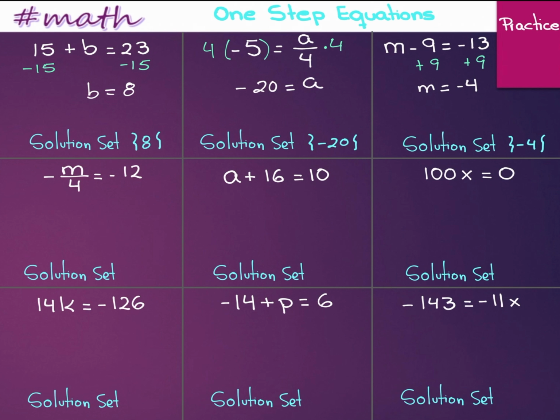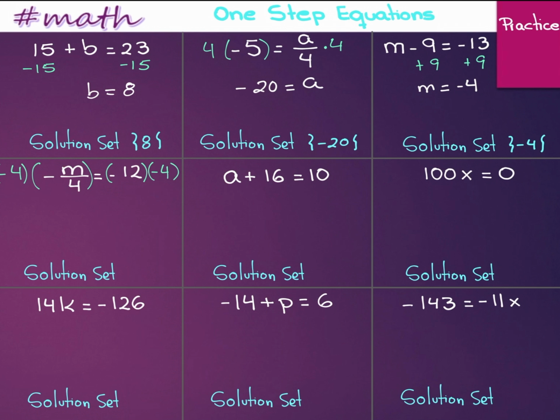In this next example, we want to multiply by 4 to eliminate that denominator. So we multiply both sides by 4. But I have a negative sign that I want to get rid of also. So if I multiply by -4 both sides, then the two negative signs are going to become positive.